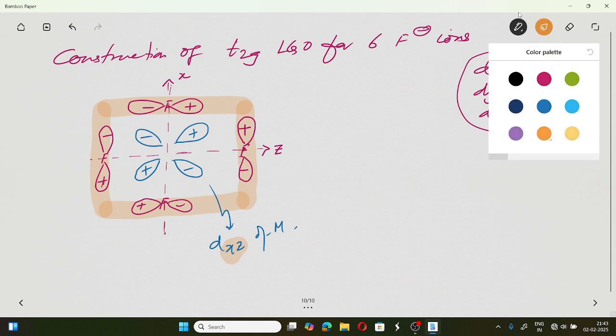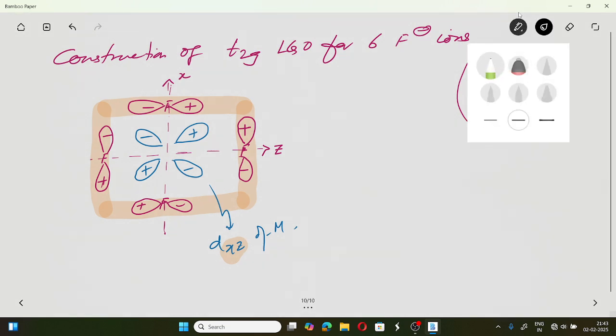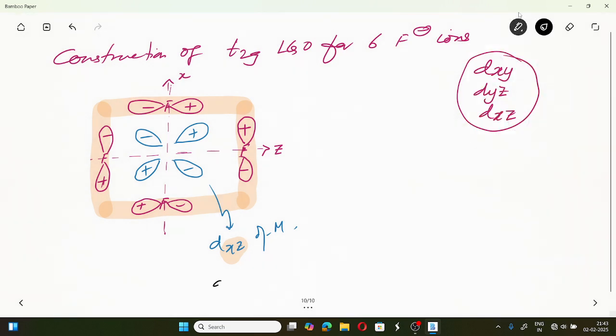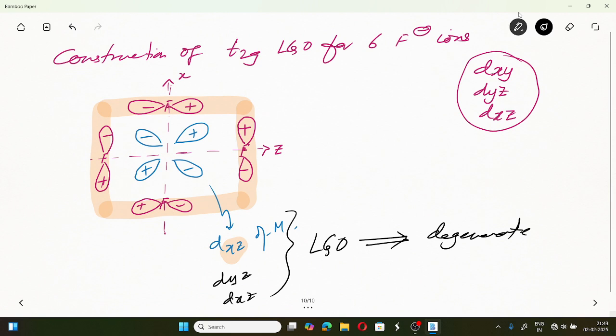Similarly, in a similar way, we can also construct the LGO having matching symmetry with DYZ and DXY. So in this way, we can construct these three ligand group orbitals, they will be degenerate. They will be of same energy, obviously.